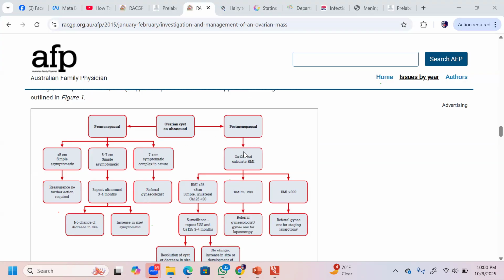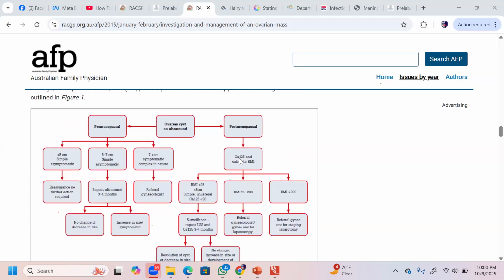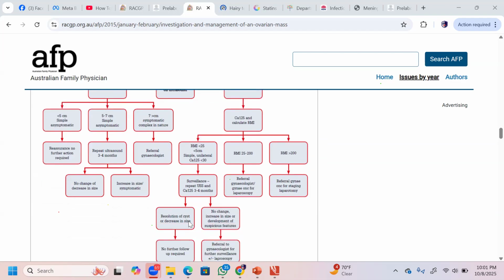And postmenopausal is not super important for the exam, just a single read. If you have CA-125 and calculate the RMI less than 25, and this is size less than 5 centimeters, simple unilocular, you will go with surveillance every 3 to 4 months. If there is resolution of the cyst, then no further follow-up is required.